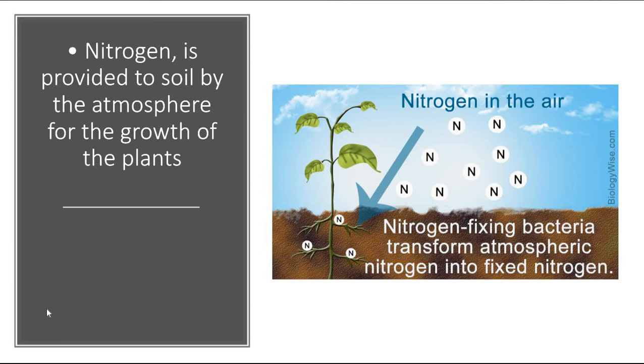As we have told lots of times earlier, nitrogen is the most abundant gas in the atmosphere, or in the troposphere basically. And just to rephrase it, 78% of the volume of the troposphere is comprised of nitrogen gas. Now this nitrogen gas in the air will be fixed in the roots by a certain type of bacteria called nitrogen fixing bacteria.